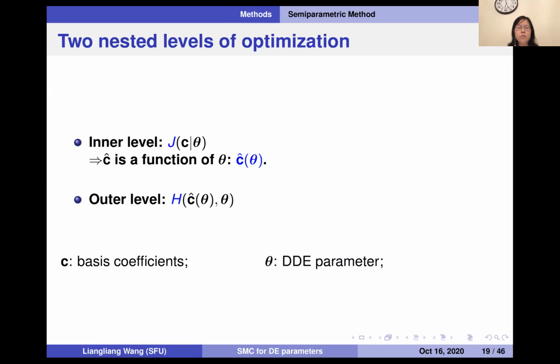In more detail, this involves two nested levels of optimization. In the inner level, we get an estimator for C, which can be expressed as a function of the DDE parameter theta. So we have C hat of theta. In the outer level, we plug in the estimator for C and optimize the log likelihood function. Now it becomes a function of theta, and we get an estimator for theta.